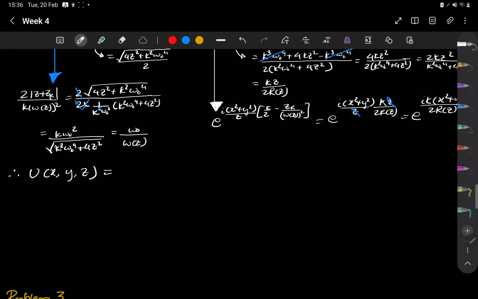the field at a given value of z, given that we know the value of the field at z equal to 0.